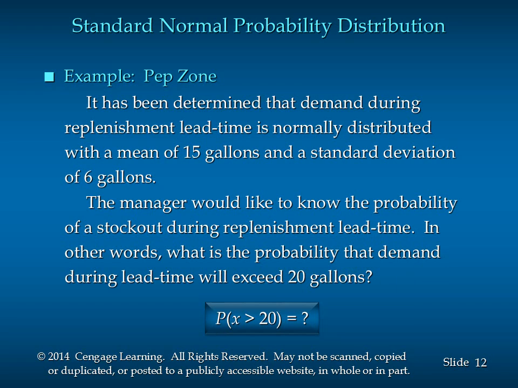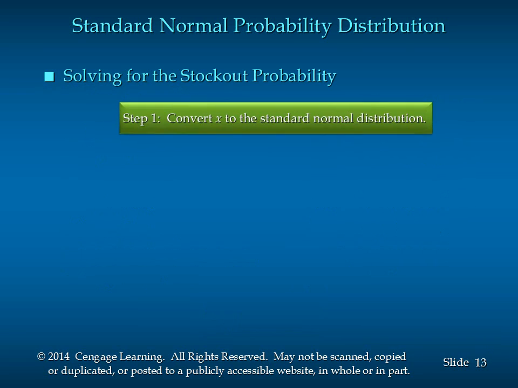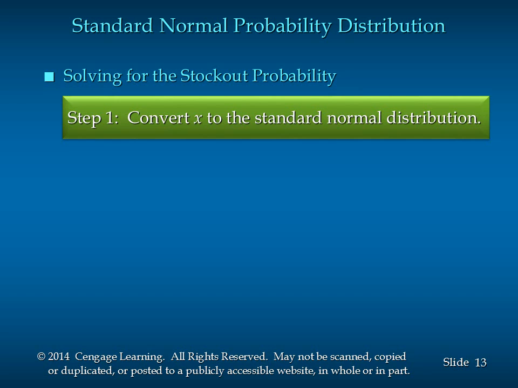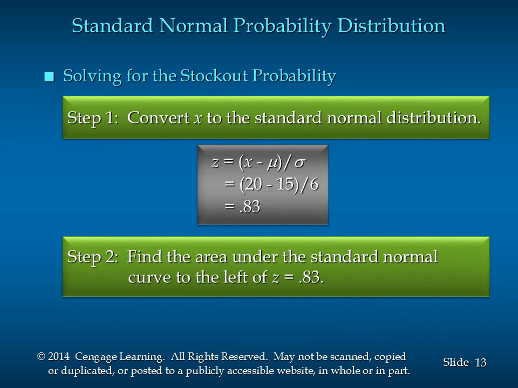And so now we need to convert this 20 to a scale of Z. We already know what the mean is. The mean's always 0 on a scale of Z. And here is the number. Calculate out 0.83.